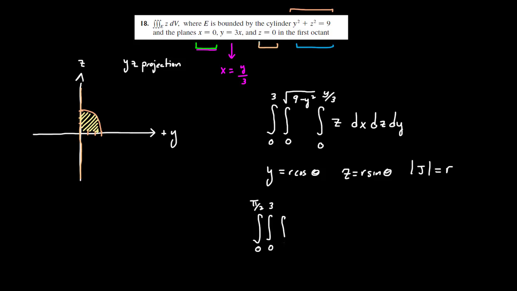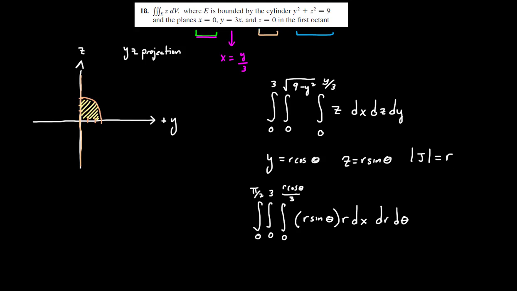And then x is going to go from 0 to, let's adjust the bounds, r cosine theta is our y, so y over 3. Then z is r sine theta. Now I have the Jacobian. Now I have dx, dr, d theta.